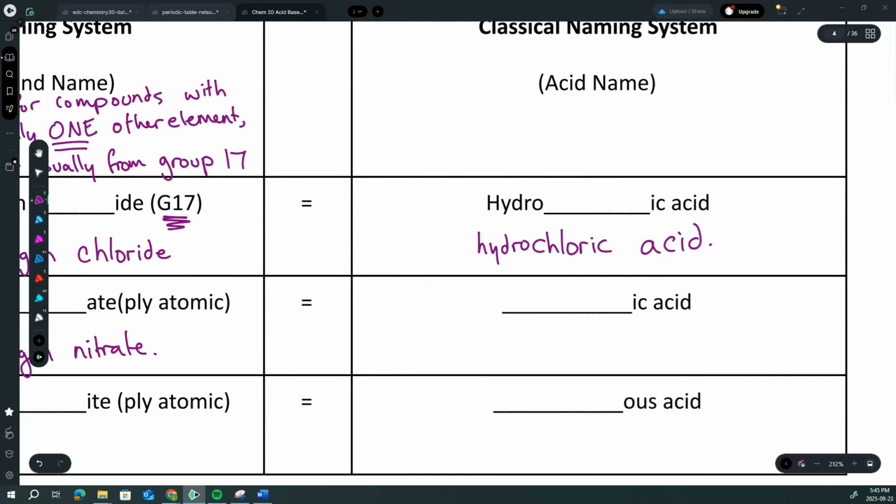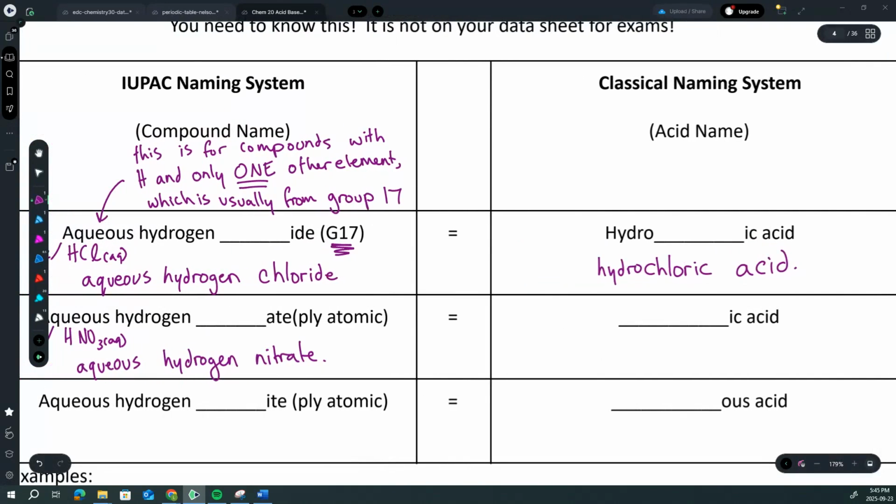Now, if we switch over to the classical naming system, what that name would turn into would be nitric acid. So again, this right here is just representing the root word coming from the polyatomic ion, but it's always going to end in ic acid if your polyatomic ion name ends in ATE.